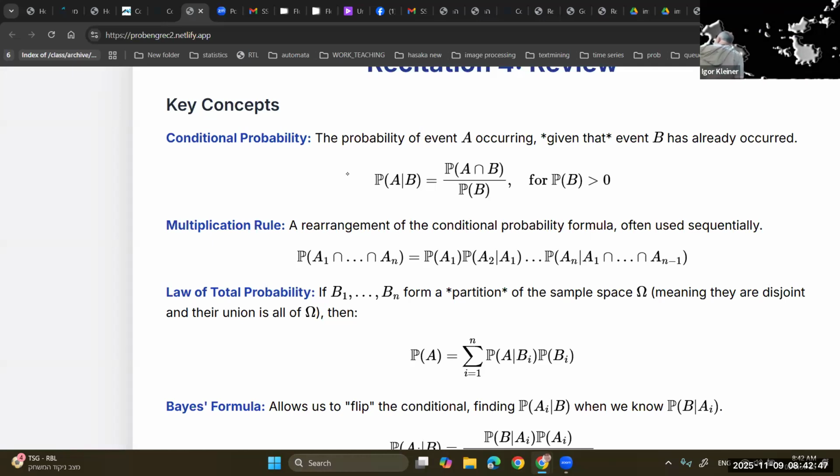We can solve this gradually. First of all, we find the probability of A1 times the probability of A2 given A1, times the probability of A3 given A1 and A2. And we continue in such a way, and we find a very useful tool. We will see today an example of how we can use it.